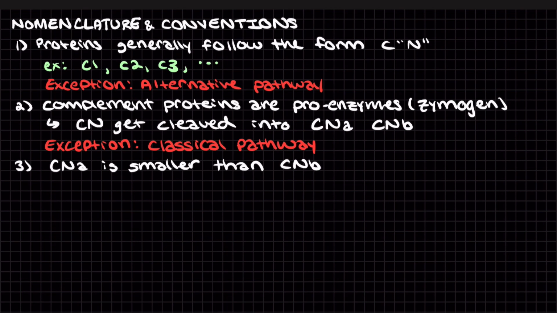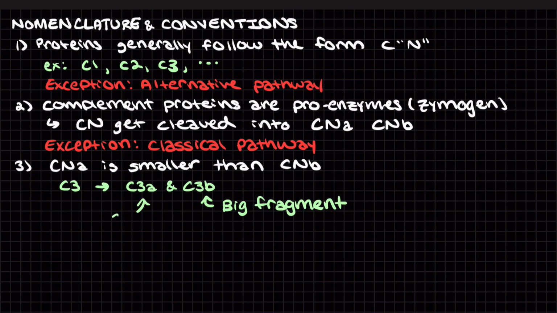So if I have C3, we know that's going to get cleaved into C3A and C3B. And based off this third rule, C3B is the big fragment, and C3A is the small fragment.